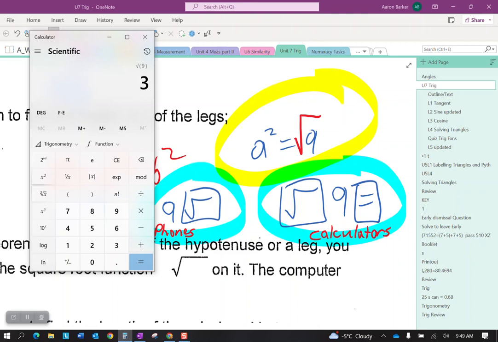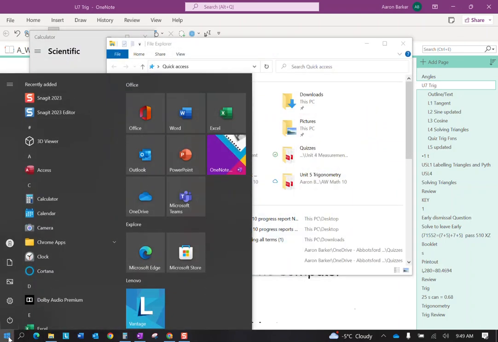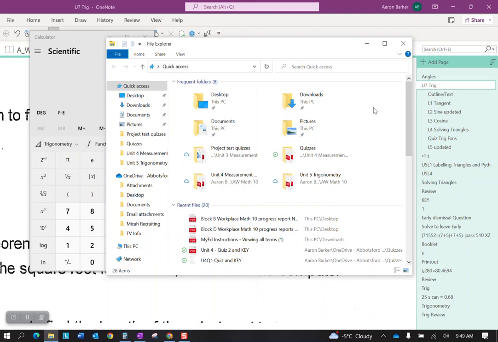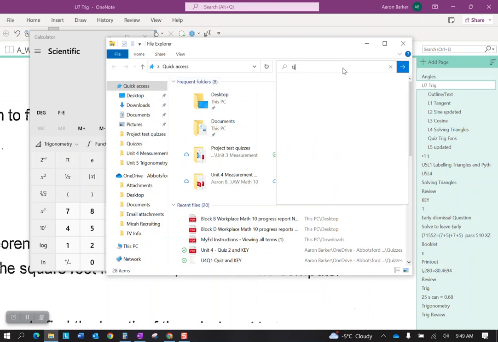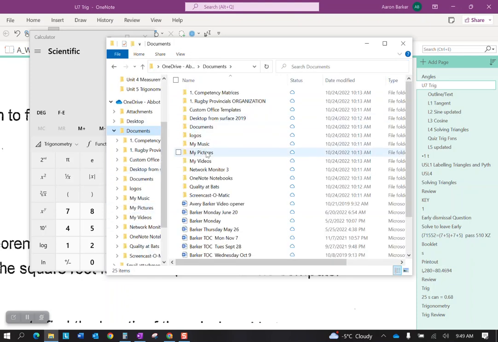If I was going to use my graphing calculator, see if I can pull that up. How would I do that? Graphing calculator, that would be under TI. Oh boy. No. I'll see if I can find it, because I don't have it set up since I switched computers twice.